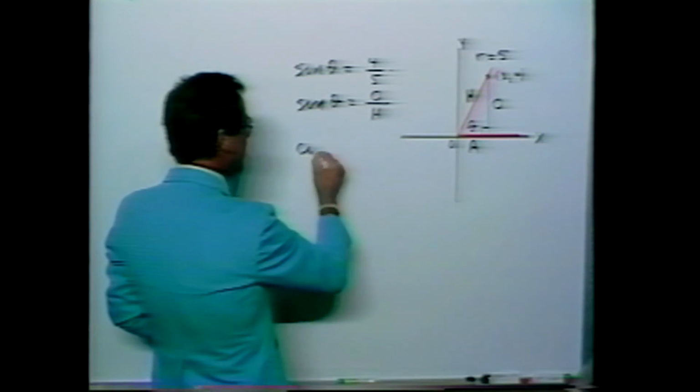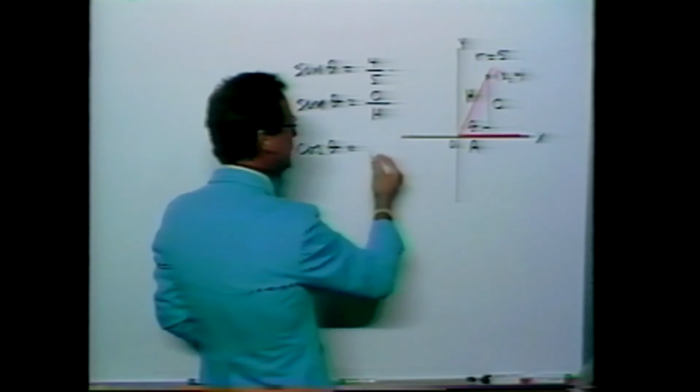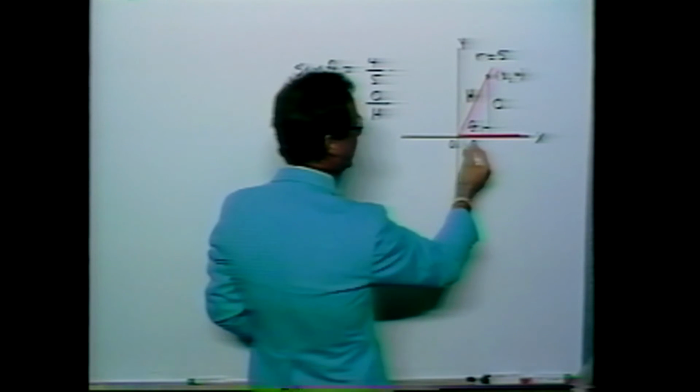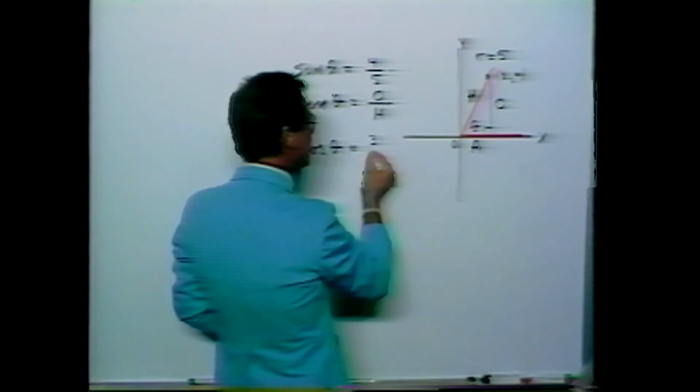Similarly, as I have just done, cos theta is equal to x over r. And in this case, of course, 3 over 5 was the result.